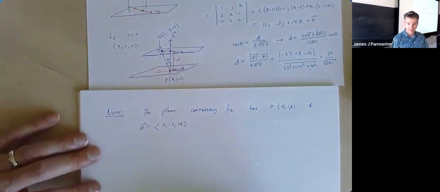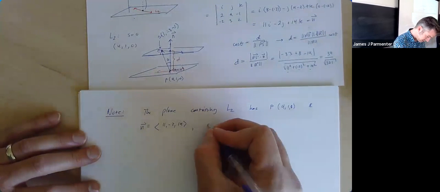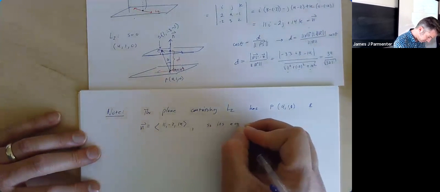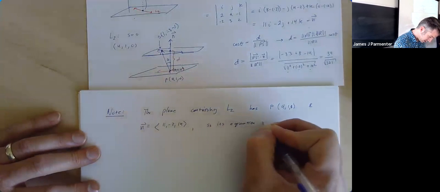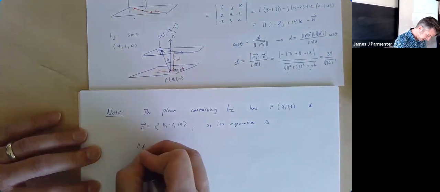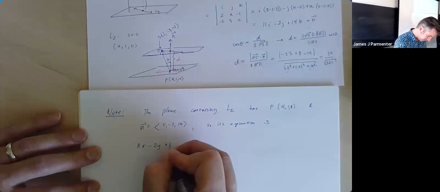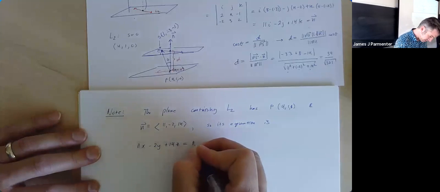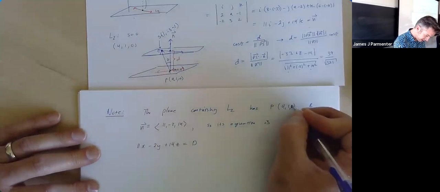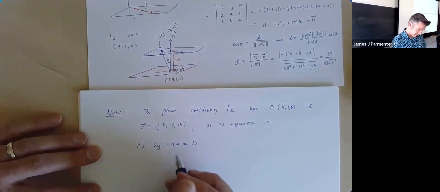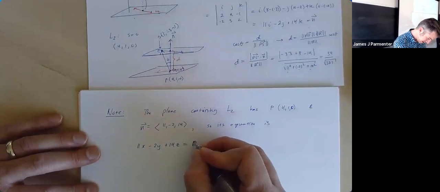So if we wanted, we could find the equation. So its equation is 11x minus 2y plus 14z equal to some constant. And then we just plug in the point we have in the plane to find that constant. That's a d, not a 0.